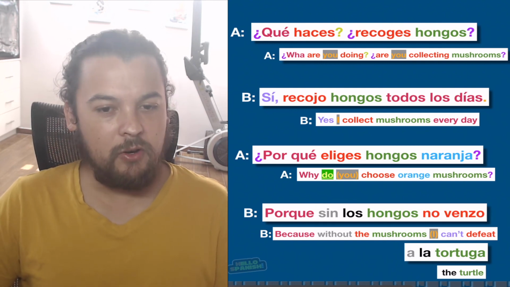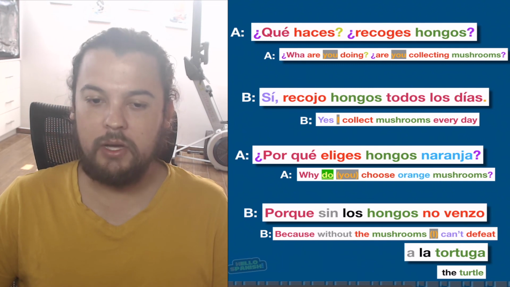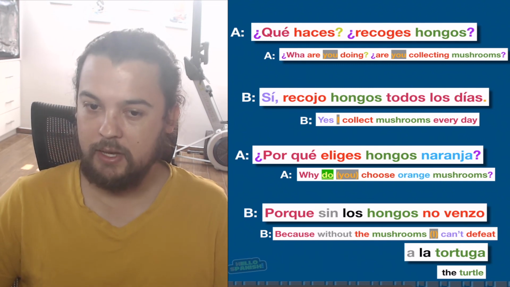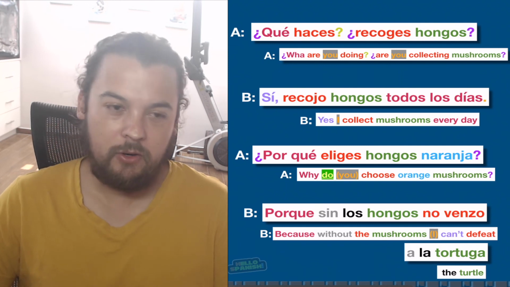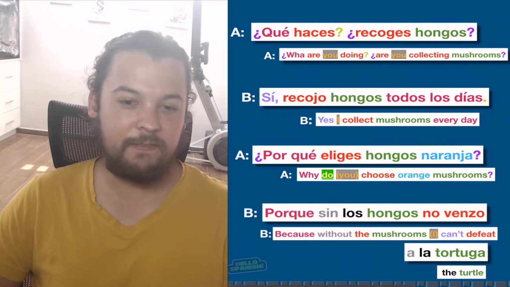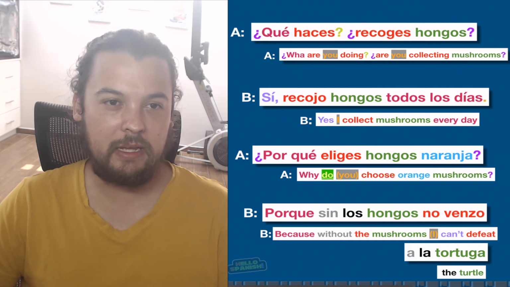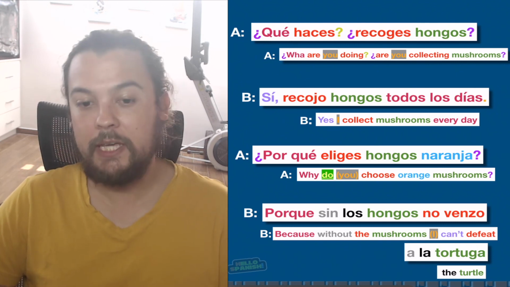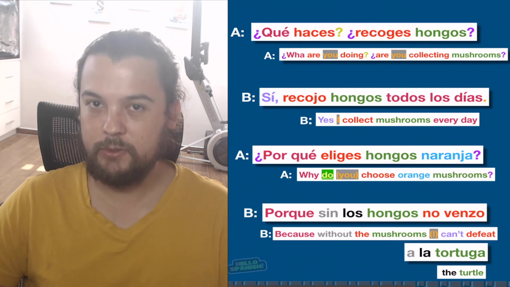Porque sin los hongos no venzo a la tortuga. Because without the mushrooms, I cannot defeat, or literally it would be I don't defeat, but in English you would need to put the can to sound more correct. So I cannot defeat the turtle, la tortuga.